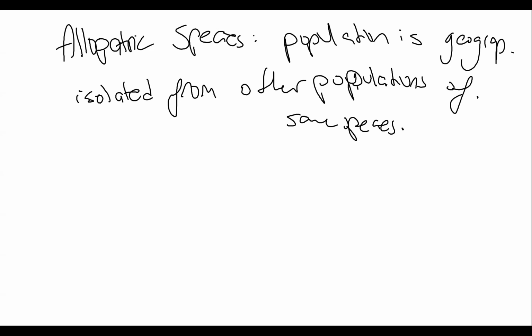Like lions that usually live in the forest, they go live in the mountains. This is called allopatric, meaning the same species go live in different places.